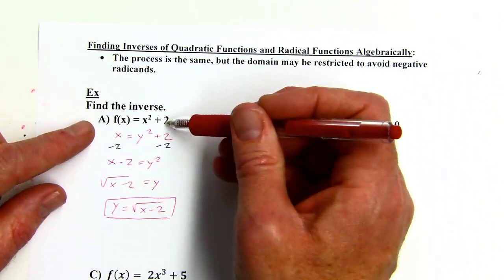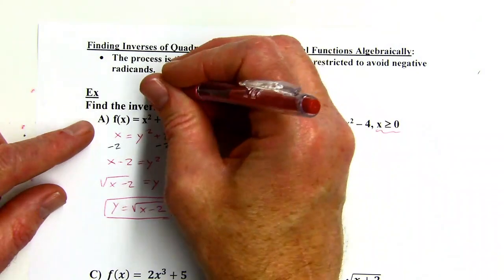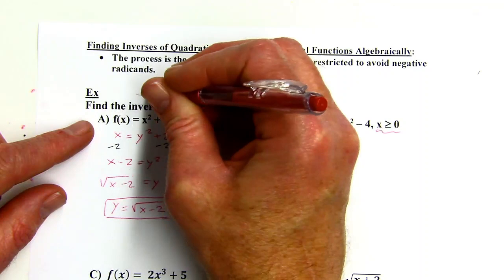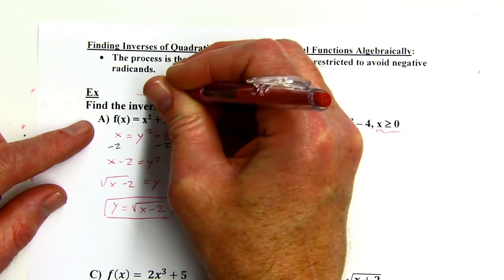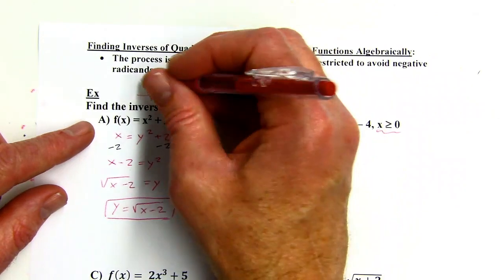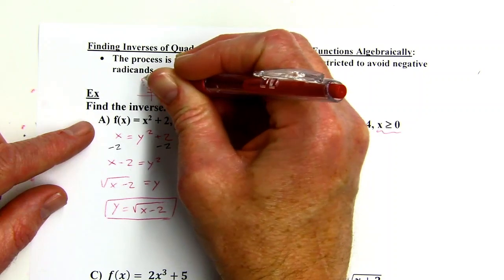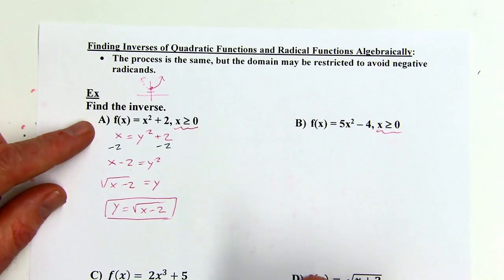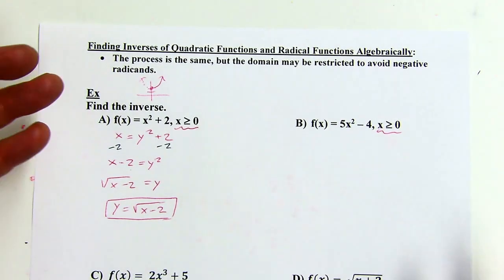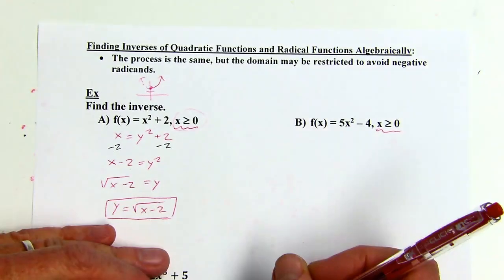So this would be a parabola, but since x is greater than or equal to 0, if you were to graph this, it would have a vertex at 0, 2, because it's moved up 2. But it's really only the right half of this parabola, so you wouldn't be graphing the left half. So when you take the inverse of it, you get half of a sideways parabola. And that's what this thing is about.